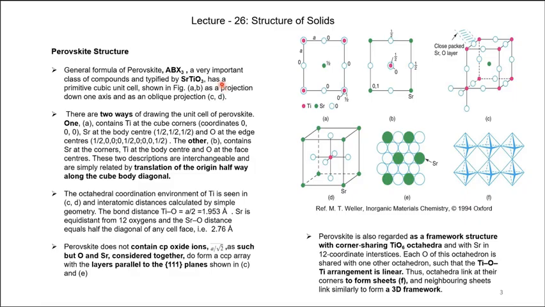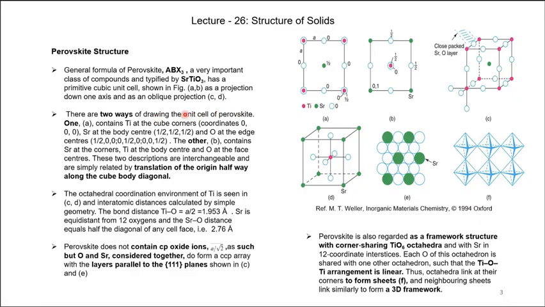This strontium titanium oxide has a primitive cubic unit cell. In A and B we are seeing projections, and this is titanium, this is strontium, and this is oxygen, and we also show the positions of strontium as well as titanium here.